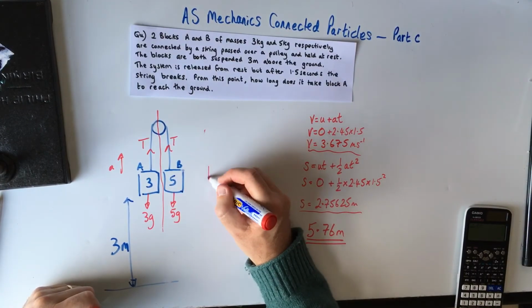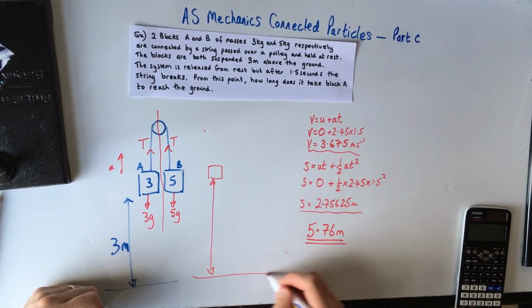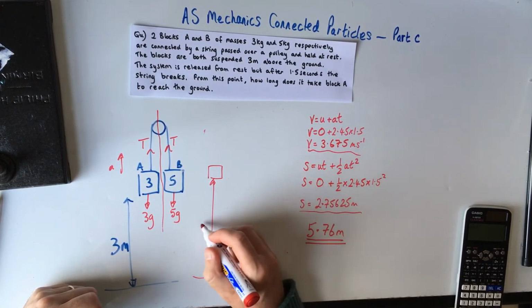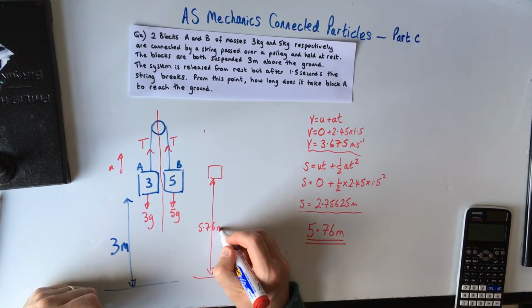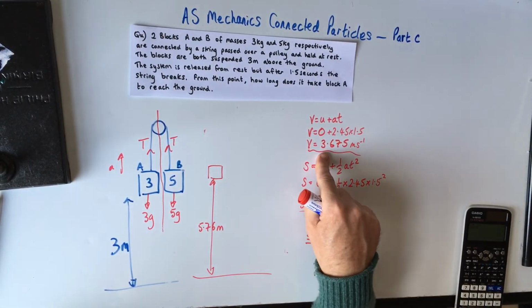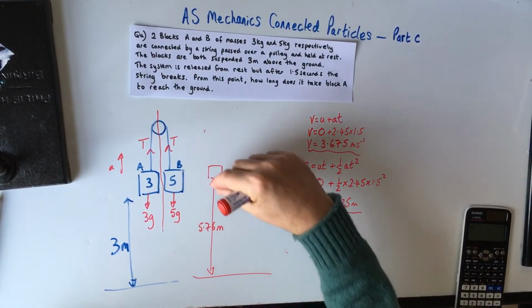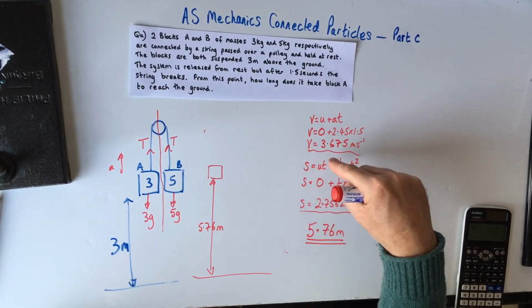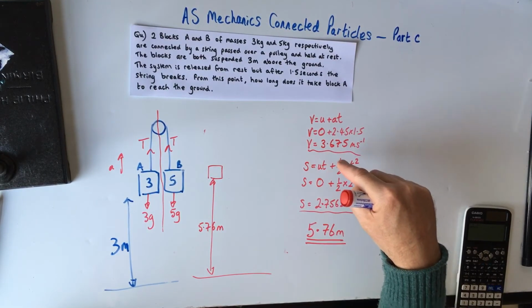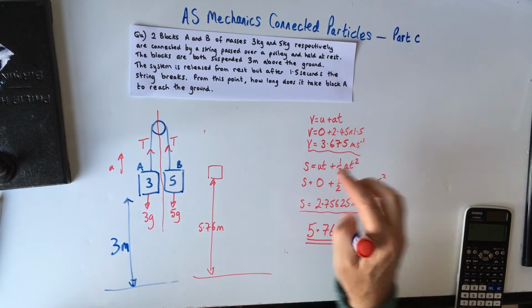This block is now here, there's the ground, it is now 5.76 meters above the ground, and it has reached a speed of 3.675, but it's not going to be pulled up anymore because there's no force pulling it up. The string has just snapped, so it was accelerating up, and at that point the string snapped and the velocity is 3.675.